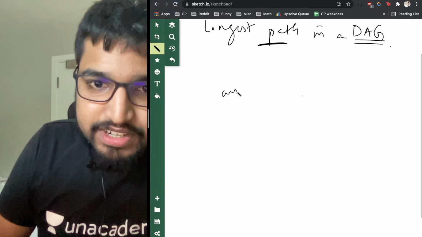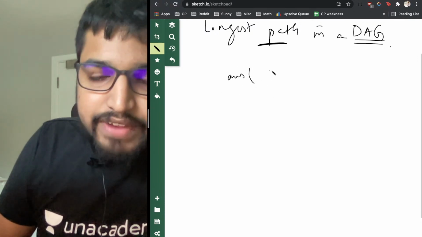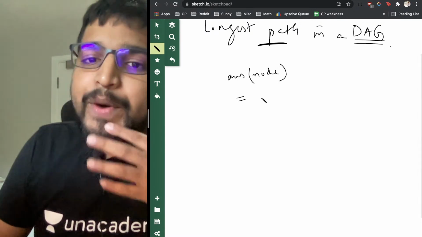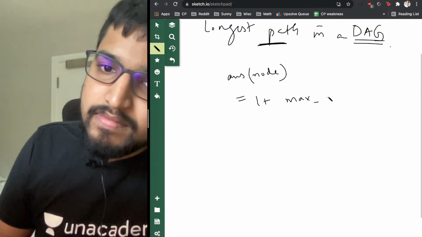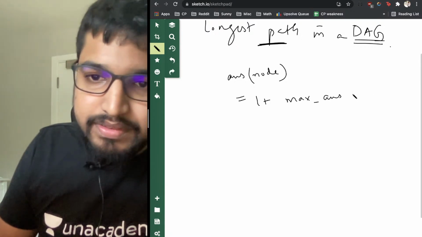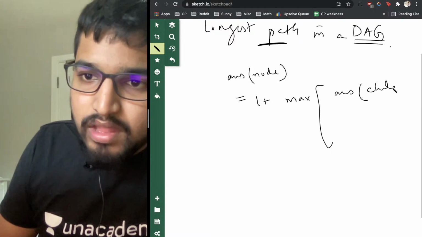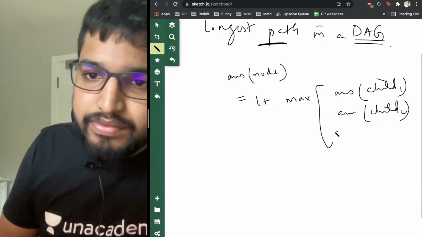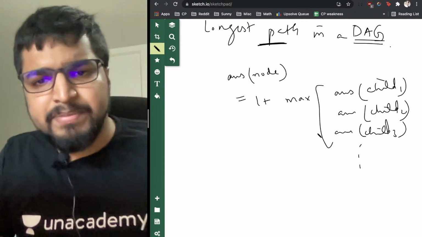Answer for a node. Answer ending at x. Answer ending at n. A node n is equal to 1 plus the max of answer of child 1... All right, simple, right?